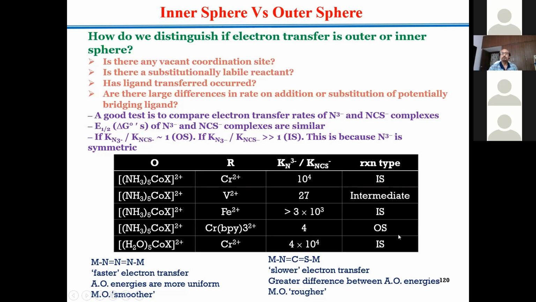So this is how there are ways to figure out how to differentiate between inner sphere and outer sphere. Though apparently, if we follow outer sphere and inner sphere together, you may get the immediate impression that there is a very subtle difference. My opinion is not.